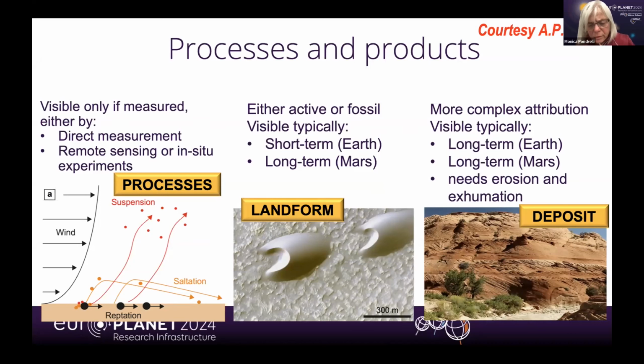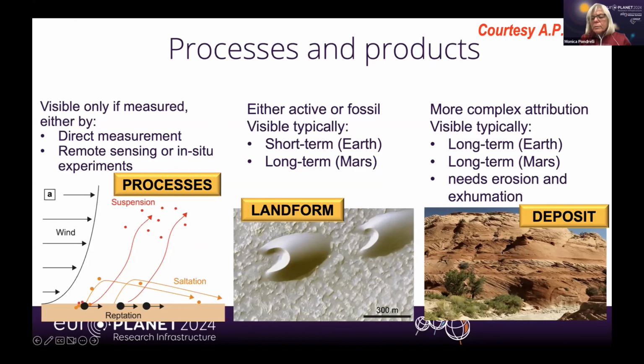And here there is an important passage, because landforms are short-term features on Earth, but long-term features on Mars, which means that they are preserved in deep geological time, unlike on Earth. Then, with more time, we have the formation of deposits. These are dunes accumulated through time.